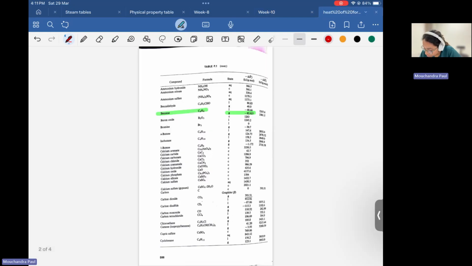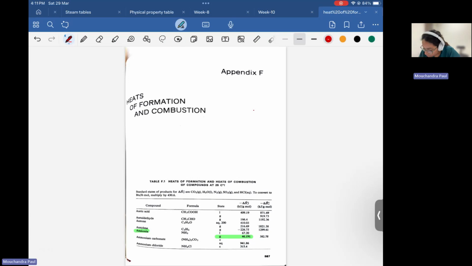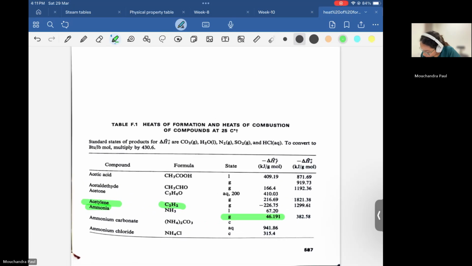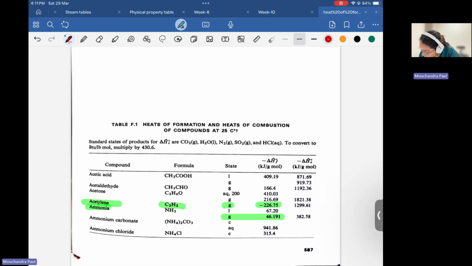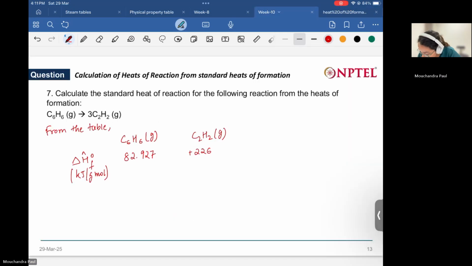And for acetylene, C2H2 in gaseous state, the heat of formation is plus 226.75. Okay. Now I'll give you a minute to calculate what the standard heat of reaction will be.